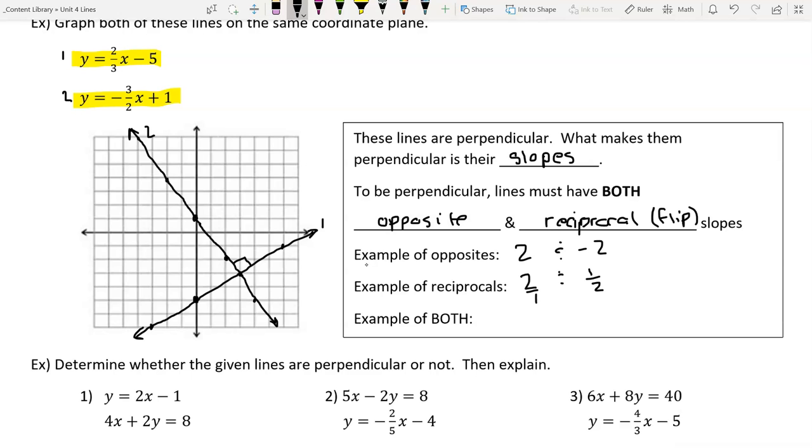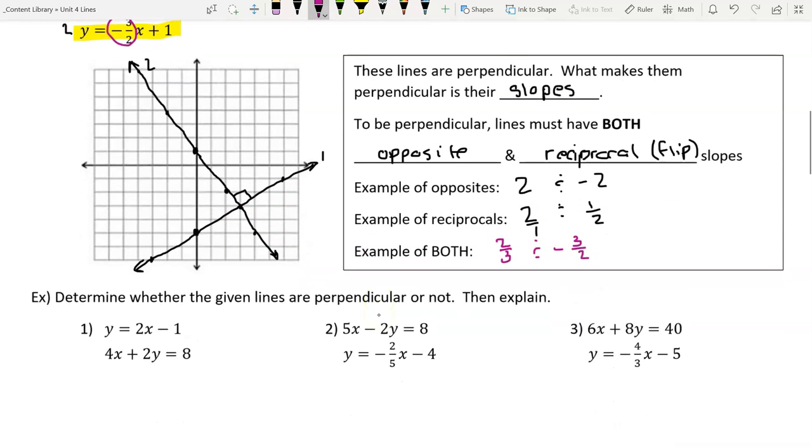So you have to have both of those things, opposite signs and the flip. An example of both is right here: 2/3 and -3/2. Just write the example in front of us. See how one is positive and one is negative, and one is 2 over 3 but the other is 3 over 2. So you change the sign and you flip it.